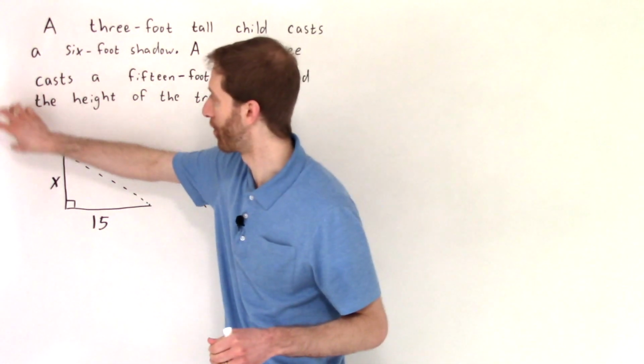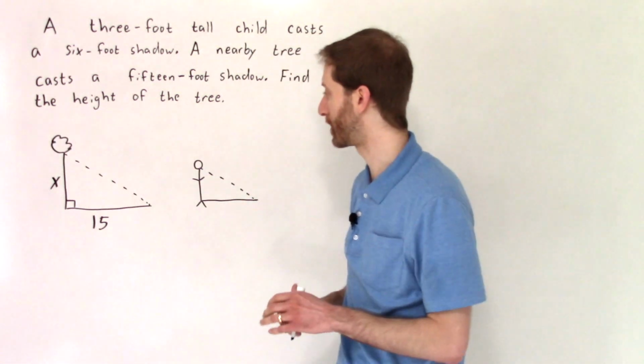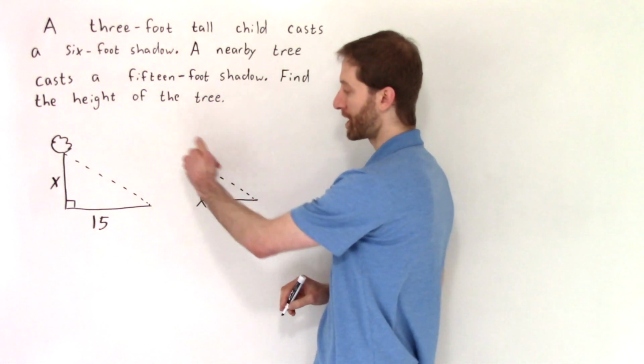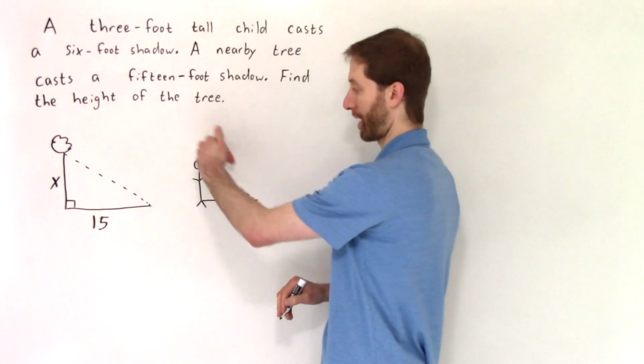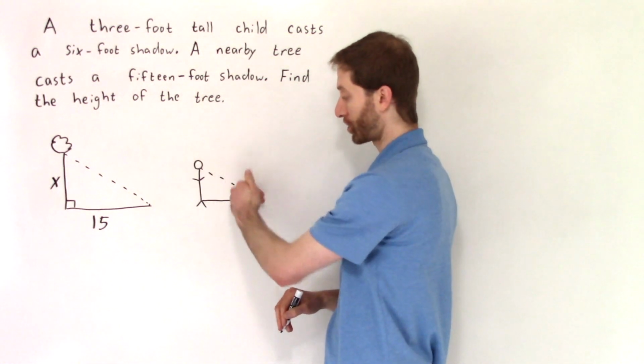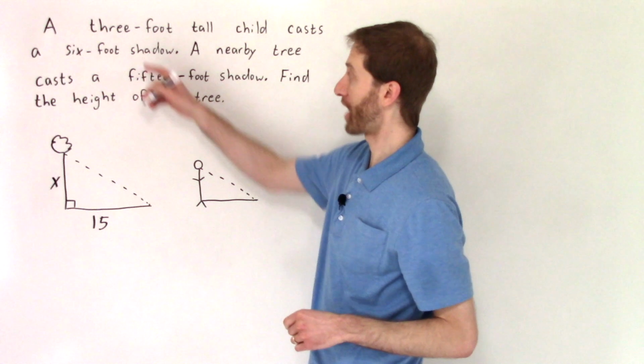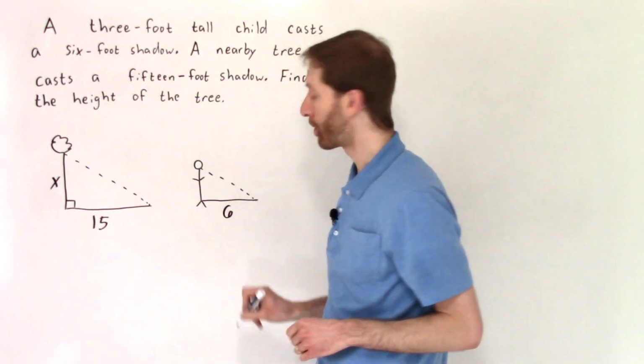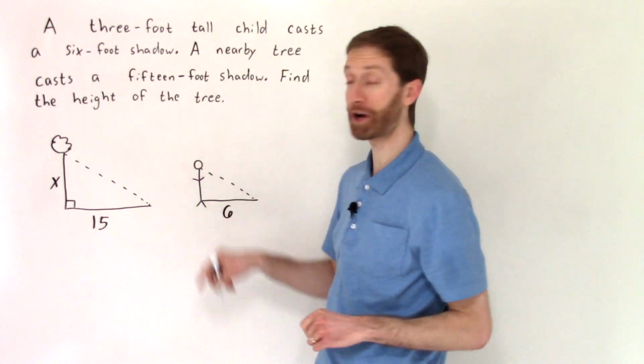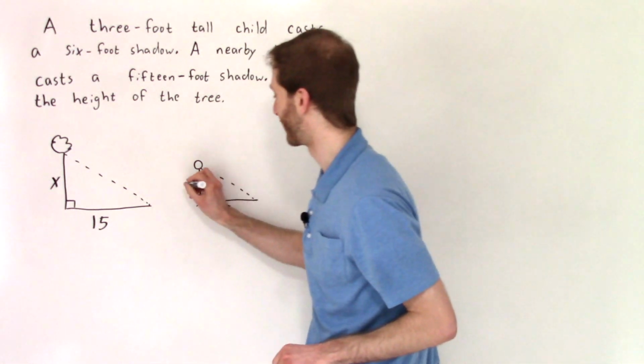So it's like the sun over here is beaming down on that tree. Very nearby, the sun's going to be hitting a nearby child's top of the head and causing a shadow to be formed over here. And we're told that that shadow is 6 feet. But we are told that the height of that child, which is terribly drawn, is 3.